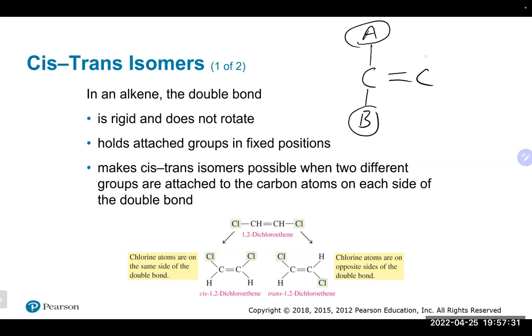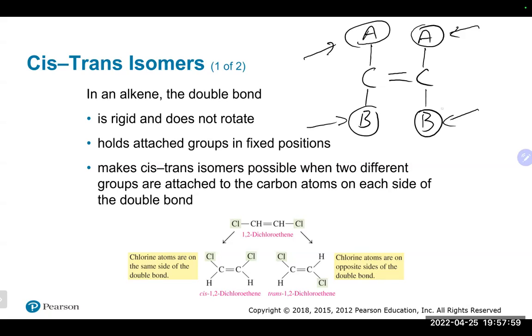And on the other carbon, you also need different groups. In general, to have a cis or trans isomer, you need to have different groups on each of the carbons. But you also need the same on opposite. So in my case here, A is the same as A, and B is the same as B. And in this case, this would be cis or trans.